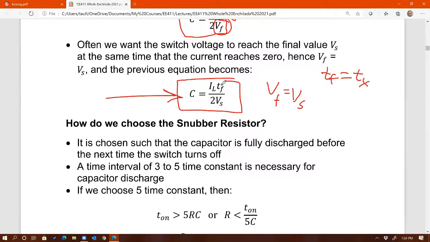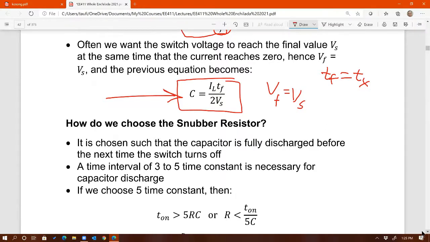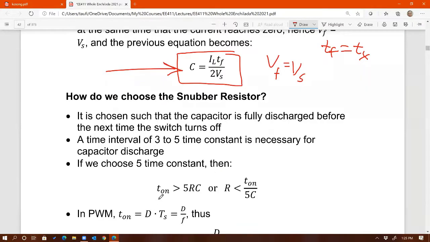But let's finish the R value, because we have R, C, and D. What about the R value? Remember that I said that when the switch is on, we want to be able to fully discharge this capacitor, so that when the switch is turning off again, you should not have any voltage or charge left in that capacitance.